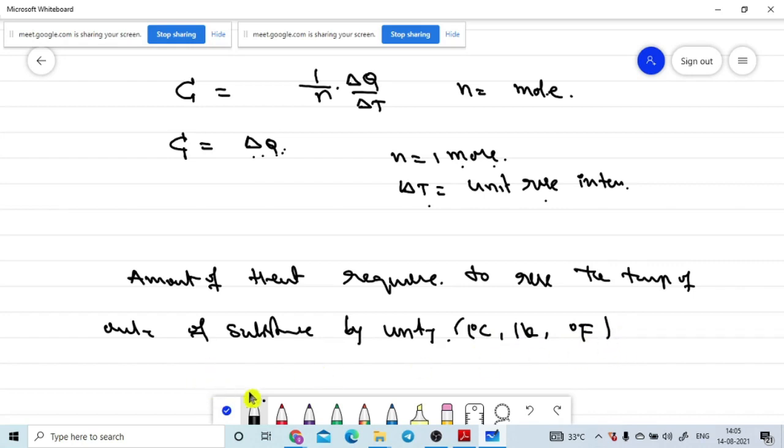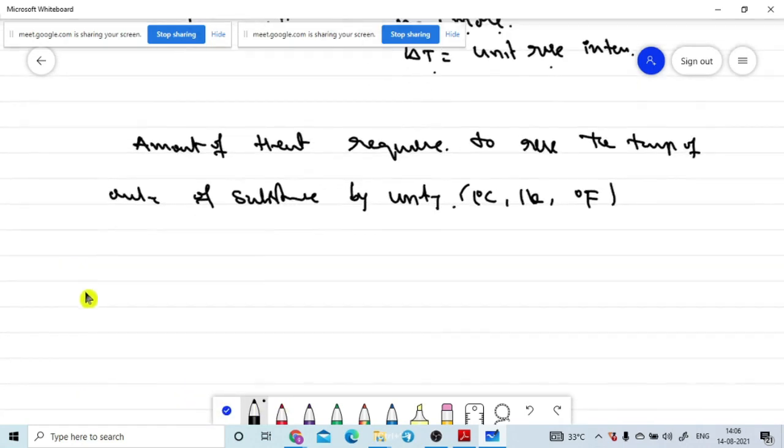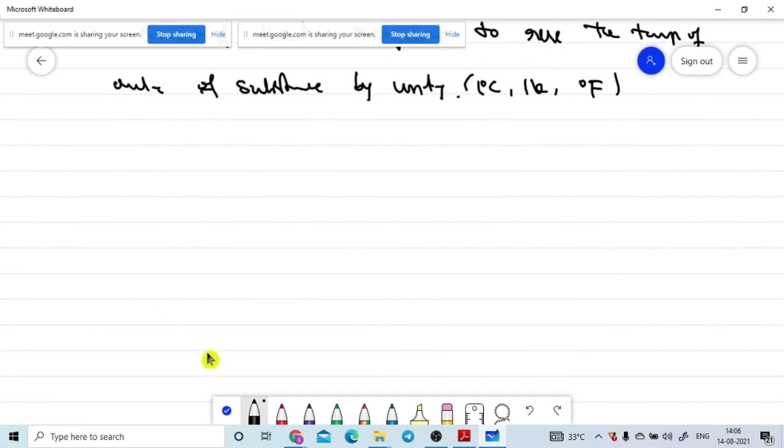What are the units for molar specific heat capacity? Taking the basic formula, capital C is equal to 1/n × delta Q/delta T. Here n is the number of moles, with mole as its unit, delta Q is in joules, and T is in Kelvin.